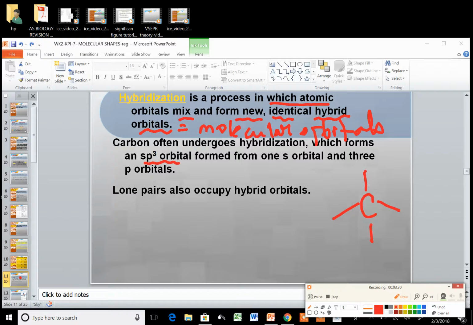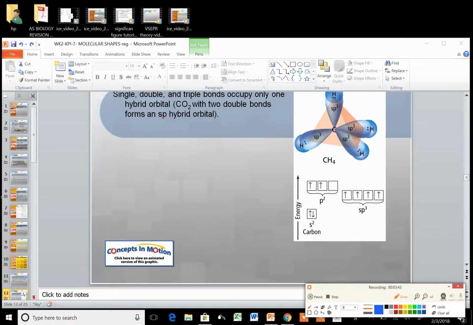Each of them is sp3, which is formed when one s orbital and 3 p orbitals get mixed. Remember that lone pairs also take part in hybridization and make hybrid orbitals. This is the structure of the methane molecule.